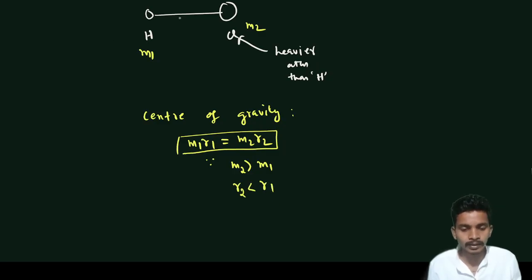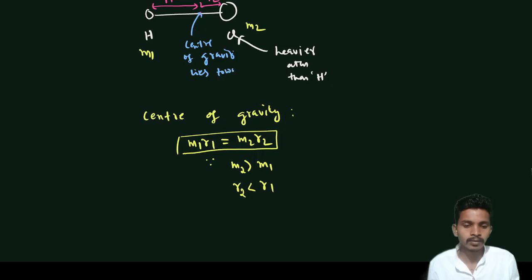If this is R1, then R2 should be smaller, which means the center of gravity lies towards the heavier atom.